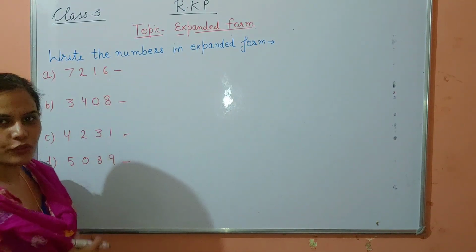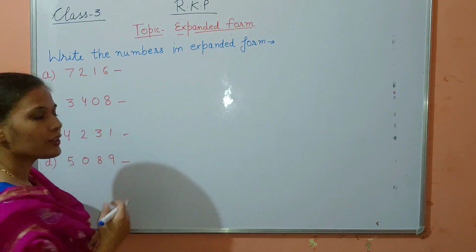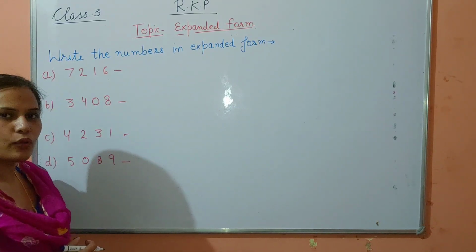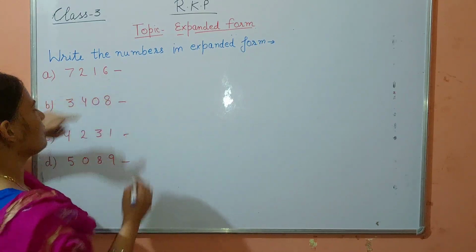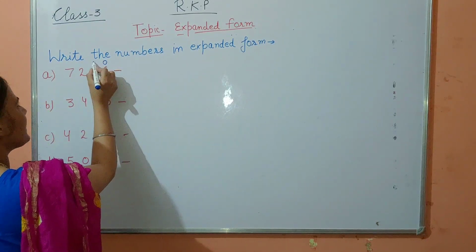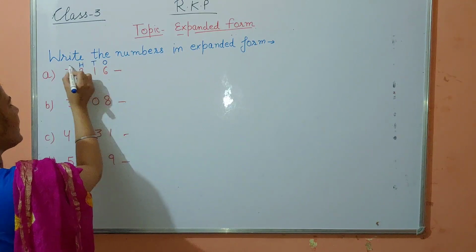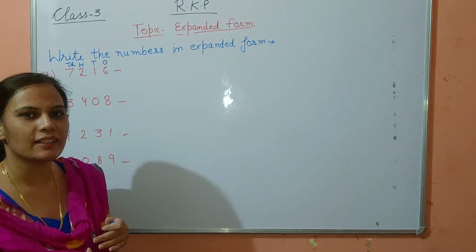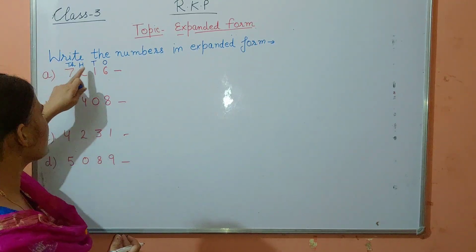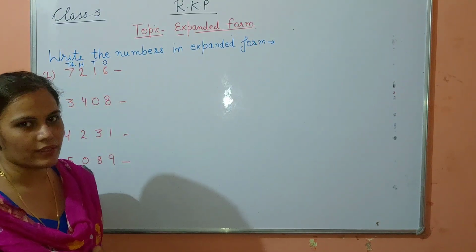This number is given to you and I want to write it in expanded form. First of all, place it in the place value chart: ones, tens, hundreds and thousands. Now you can easily multiply the numbers with thousand, hundred, tens and ones.